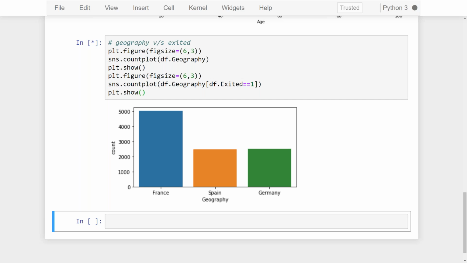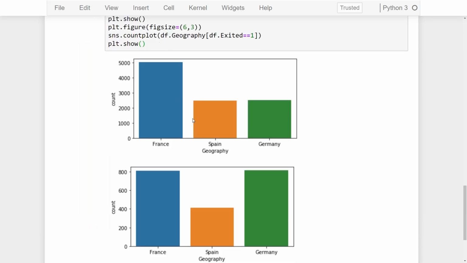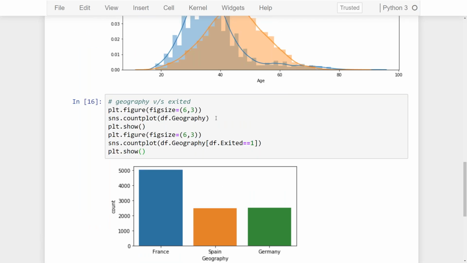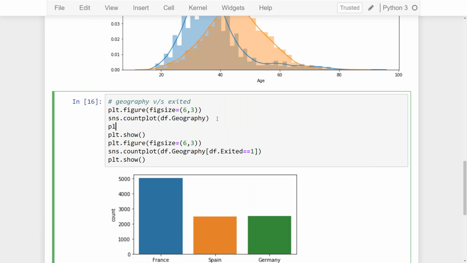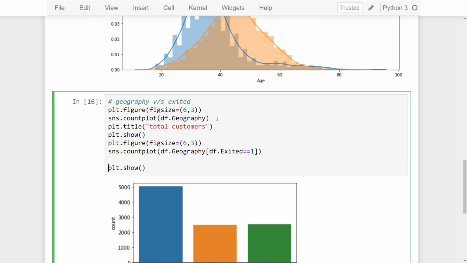And let's look at two graphs here. So the first graph is for total customers, right? We can put a title here as well: total customers versus customers who left the bank.